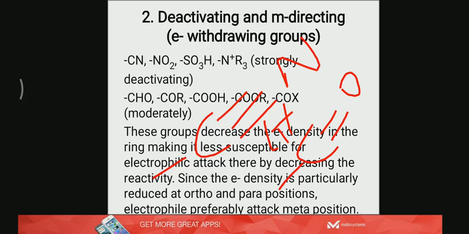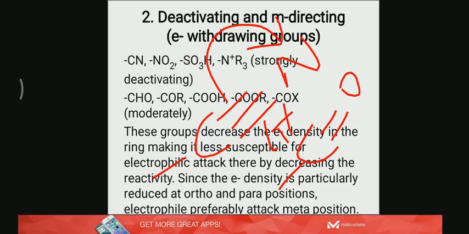So what? The pi electrons will be attracted towards this electronegative atom easily and get delocalized, and that will be extended to the ring.